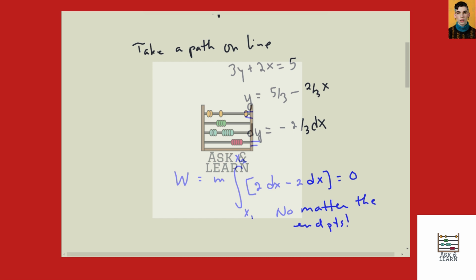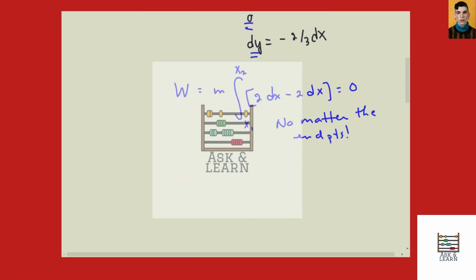Okay, so it kind of pays to think through why it came out to be 0. And really, the idea is that the tangent to the line is perpendicular to the E. Okay. Tangent vector to the line.